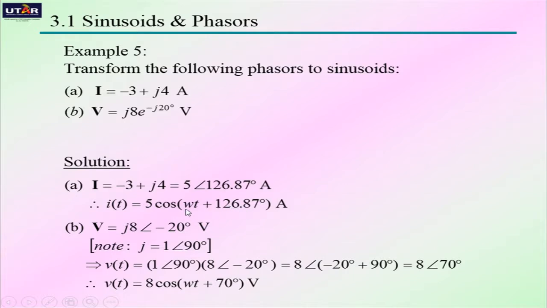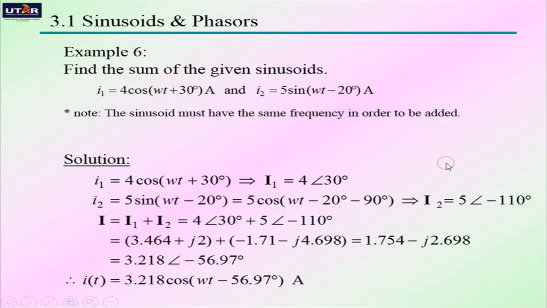Of course, we are not sure of the angular frequency here because the information is not given in the phasor form. Same goes to question B. We change this into polar form first, which gives us 8 magnitude 70 degree, and then from polar form we can change it back into sinusoid, which is 8 cosine omega t plus 70 degree.